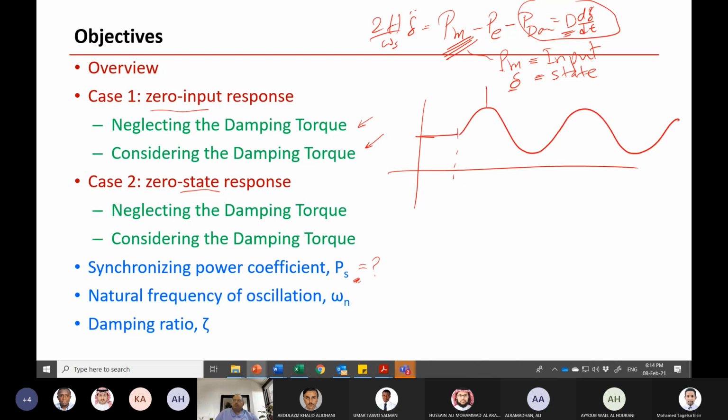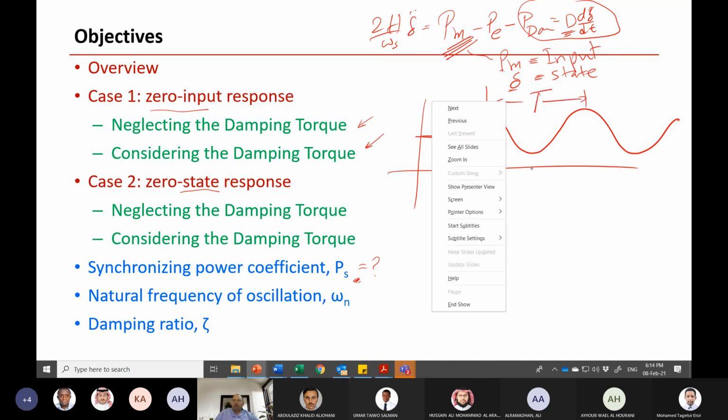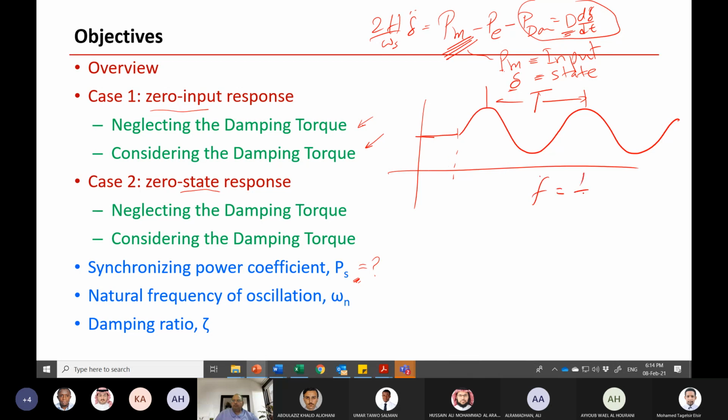So what is the frequency of oscillation? This is the period. So what is the frequency? If we draw delta versus T, and this is the case, what do you think the frequency of oscillation is here? How much?